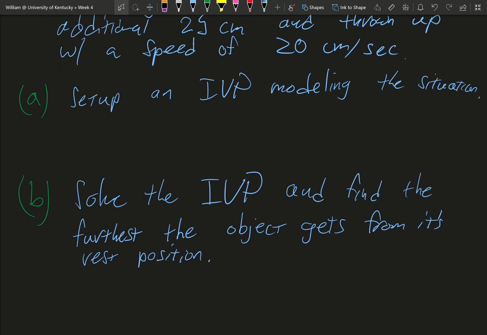So part A is straightforward. Part B, solve the IVP. Done that a bunch. Furthest it is from the rest position, well, that's really just asking for what's the amplitude.